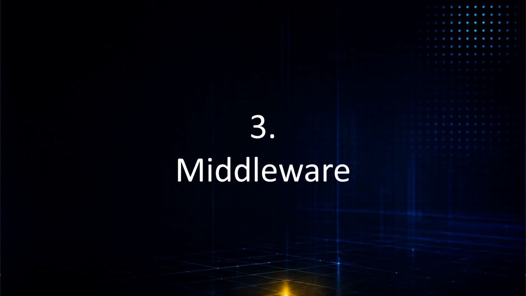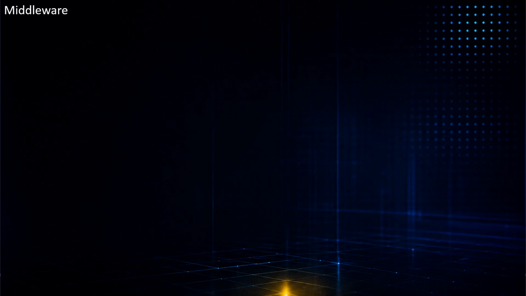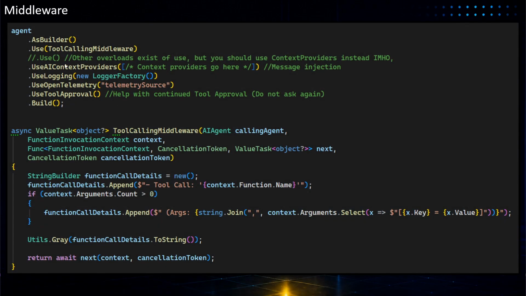Moving on to middleware, we won't go into middleware too much, but middleware is when we have our agent. Before now, we had only defined our agent, but now we have our agent, and we can say as builder and then use various different things until we build. So it's a little like normal service providers when we build our app and say use authentication, use authorization, and so on.